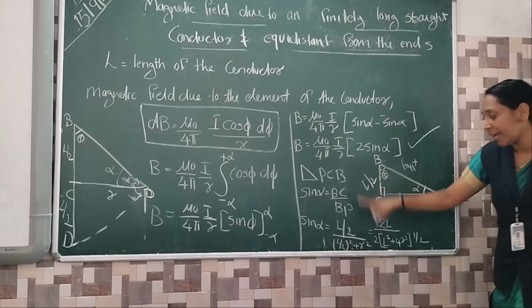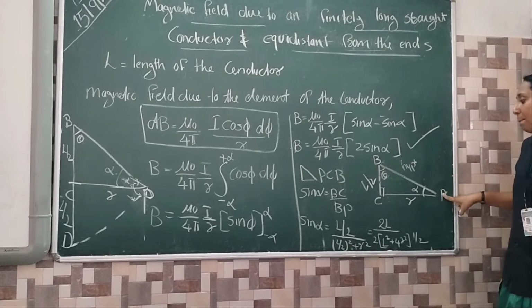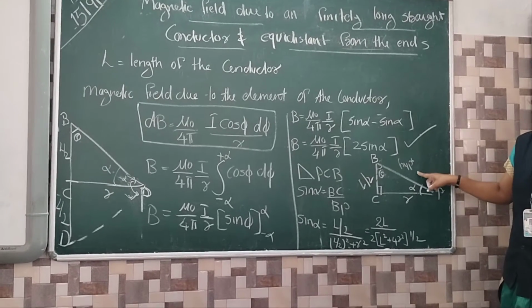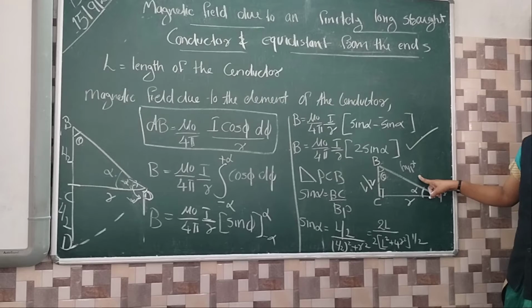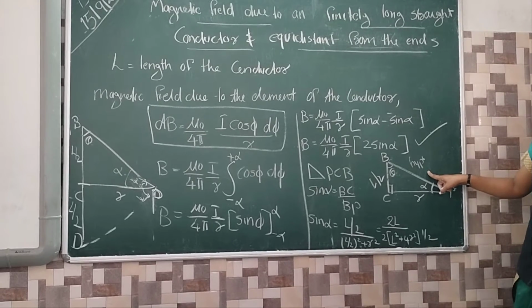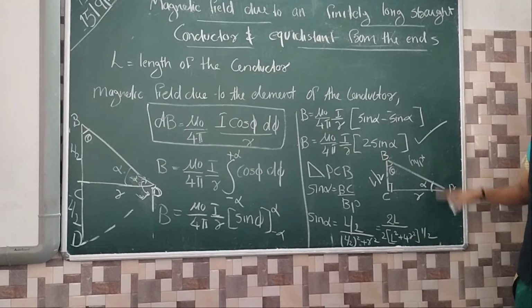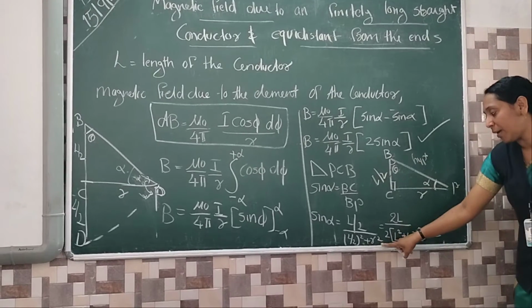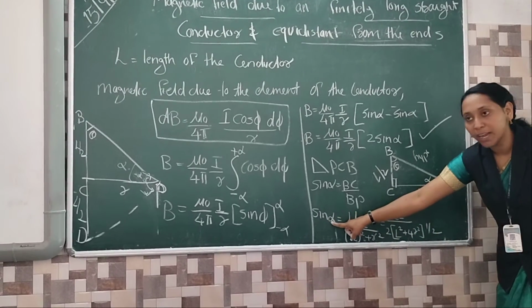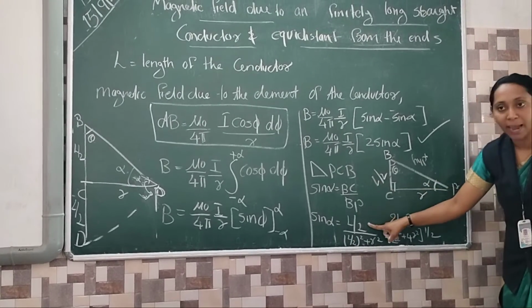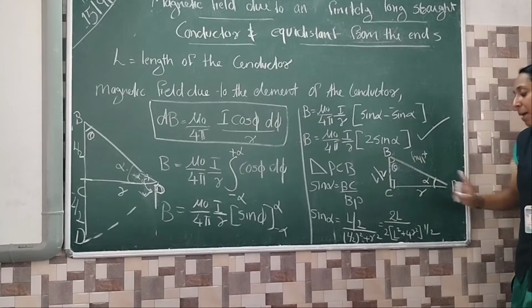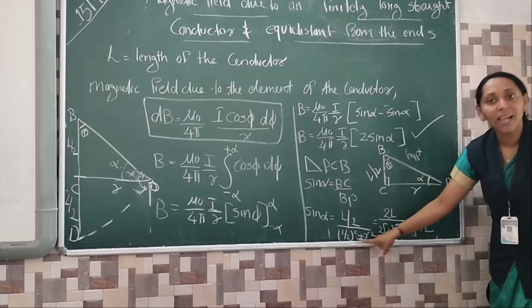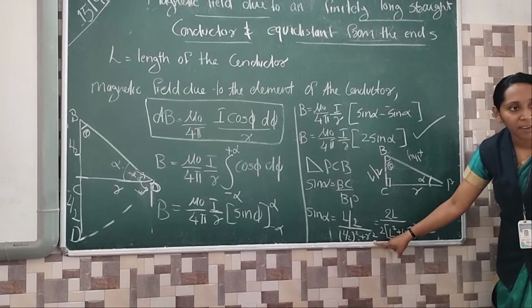What is BC? L by 2. What is BP? Pythagoras theorem. Hypotenuse square equal to base square plus perpendicular square. Base square means R square plus perpendicular square means L by 2 square. So sin alpha equal to BC की place में L by 2, BP की place में root of L by 2 square plus R square. This much clear everyone?